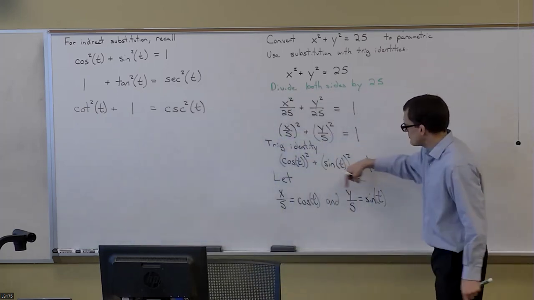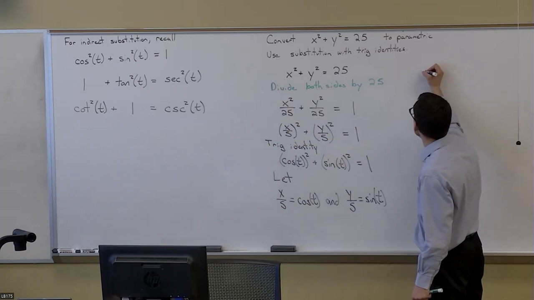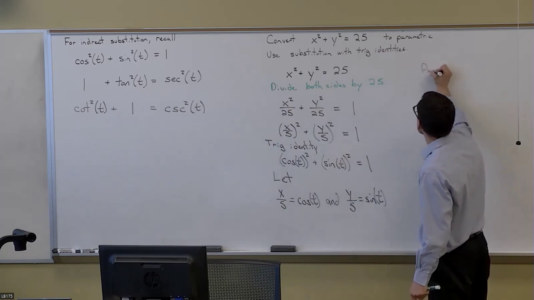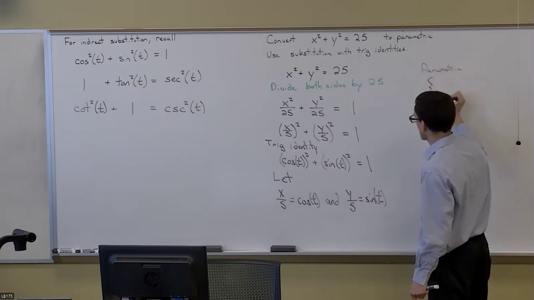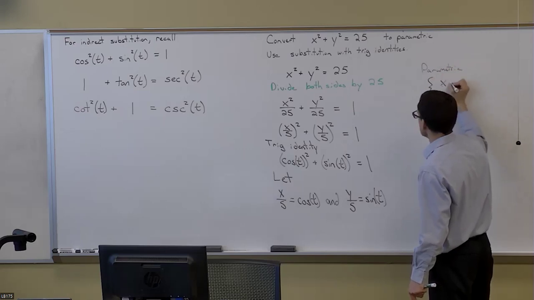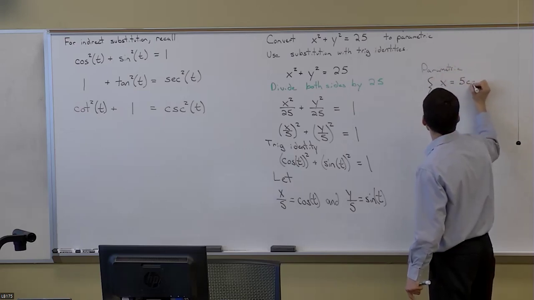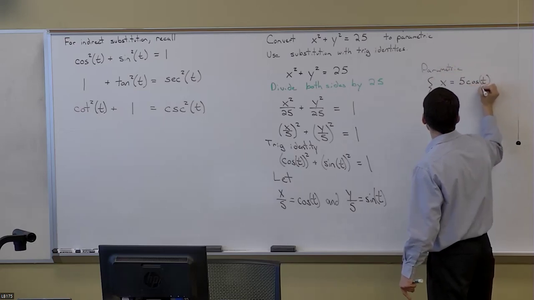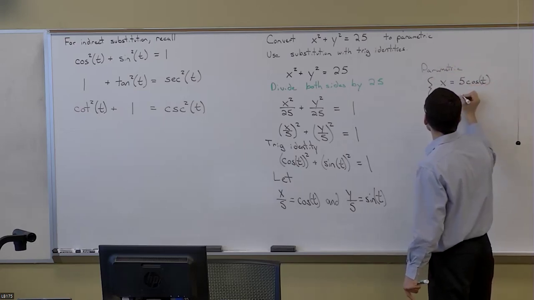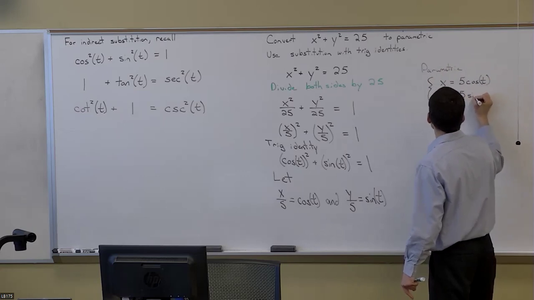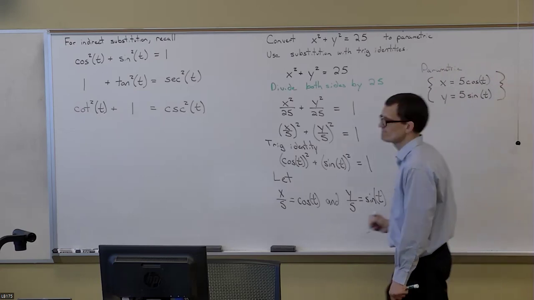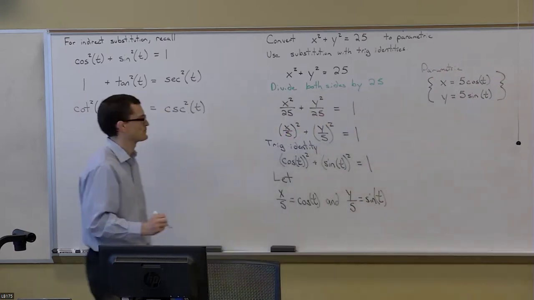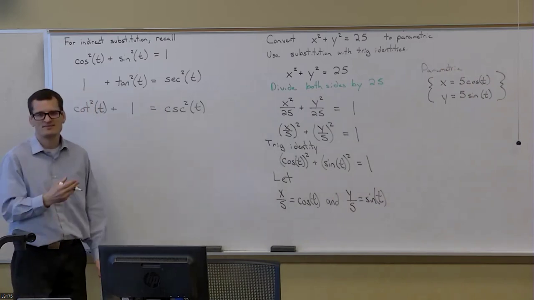So if I let these two be my parametric equations, then the parametric form is x equals 5 times cosine of t, and y equals 5 times the sine of t. That makes sense?